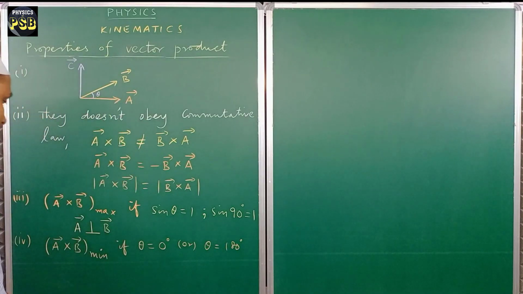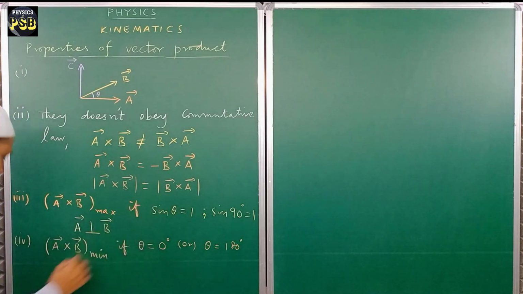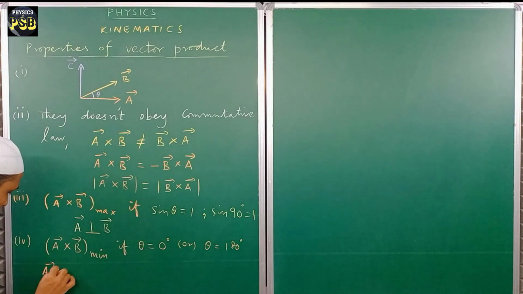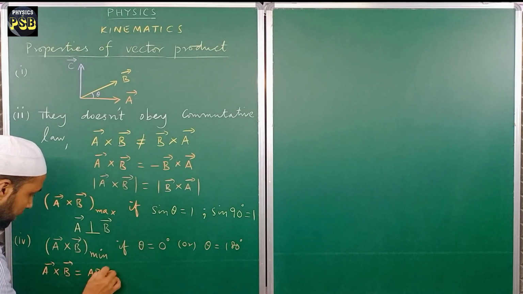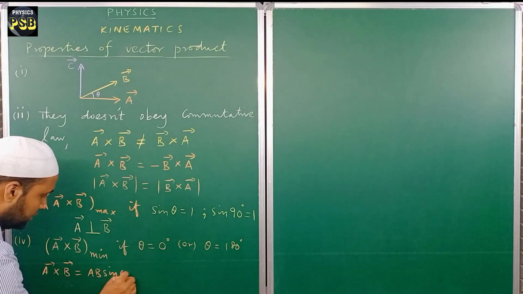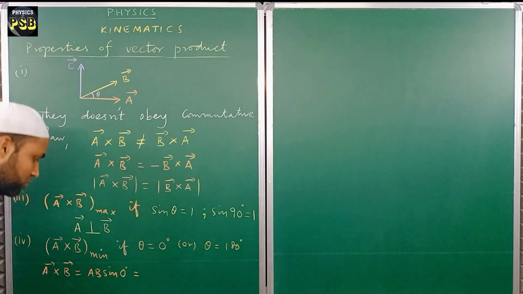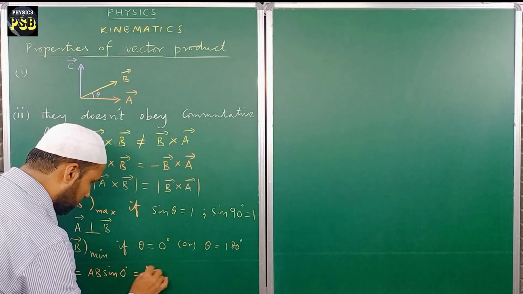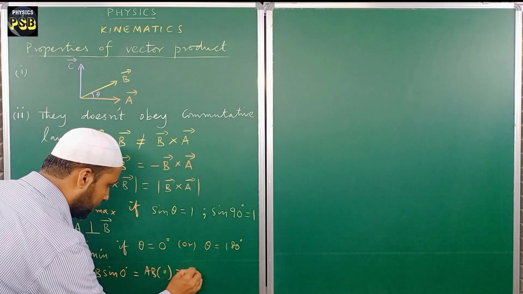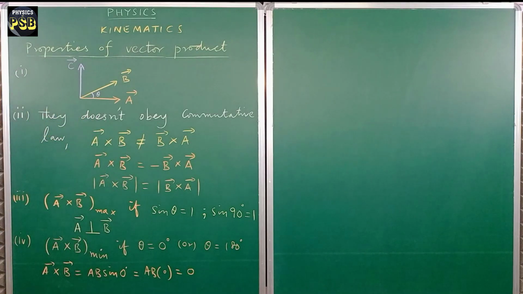Why is it so? The reason is, vector A cross vector B is equal to AB sin of 0. Here sin of 0 is what? It's nothing but 0. So you get 0 as a value. In a similar way, sin of 180 is also 0. So we get the minimum value for the vector product in this case.